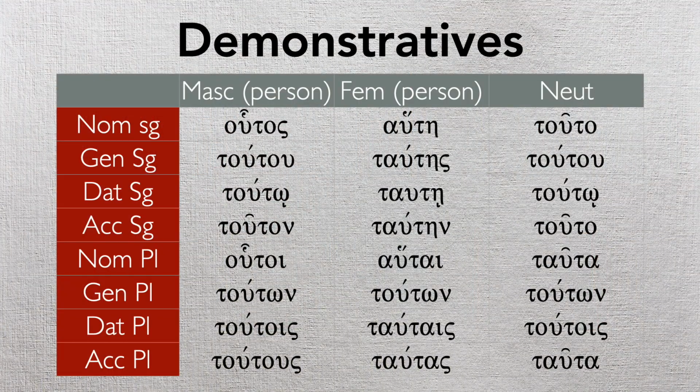Now notice that the nominative singular for masculine and feminine and the nominative plural for masculine and feminine, they don't start with taus, they start with vowels instead. But notice that all four of those have rough breathing marks, okay? So all of these are going to start with either a tau or a rough breathing mark, okay?